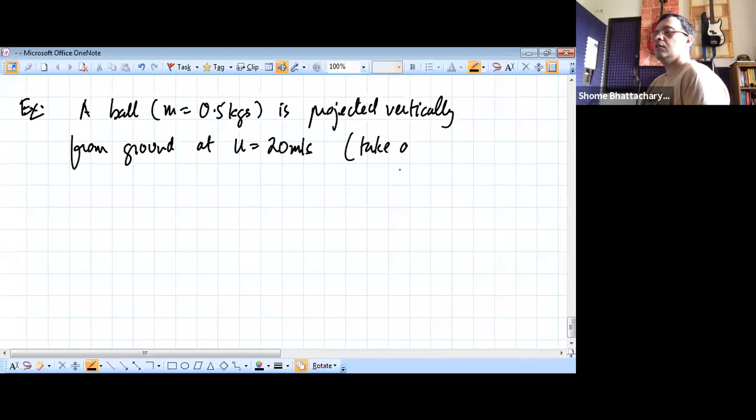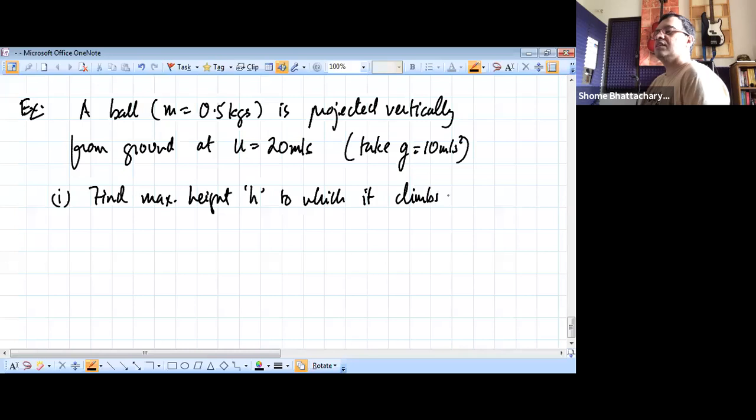Take g as 10 meters per second square. Now first thing, find the maximum height to which it climbs. So this is a kinematics question. You know all this from kinematics formulas.